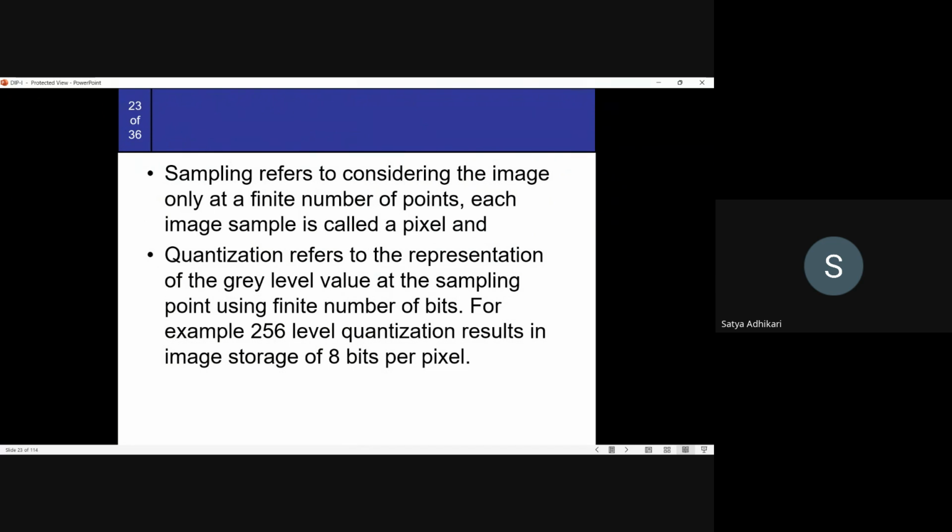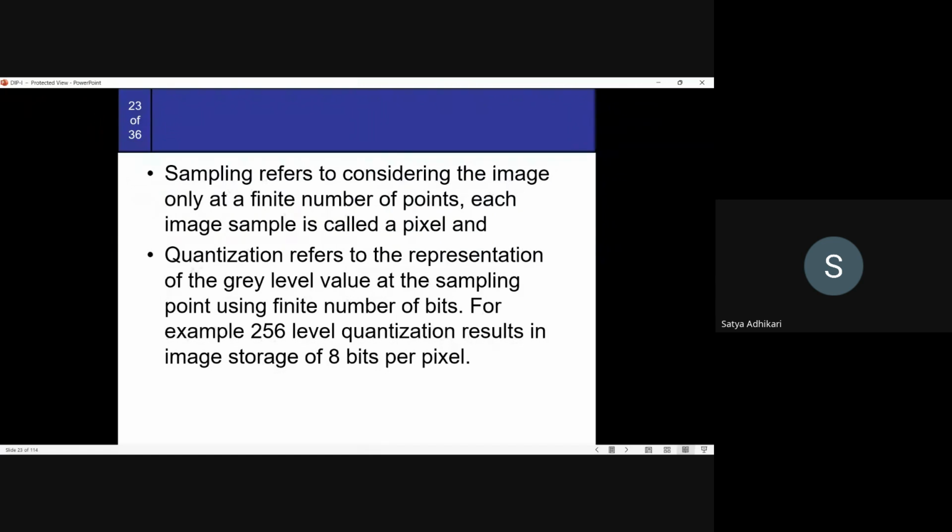Each image sample is called a pixel. In simple words, sampling is associated with the location of the pixel, where the position is. Quantization refers to the representation of the gray level values of sampling points using a finite number of bits. For example, 256 levels of quantization result in image storage of 8 bits per pixel. So sampling is used to find the location of the pixel, and quantization is used to find the intensity value, the gray level value, of that pixel.